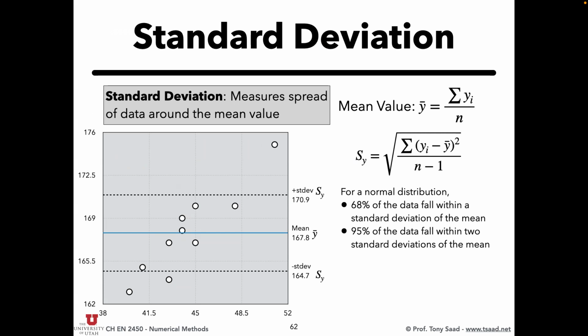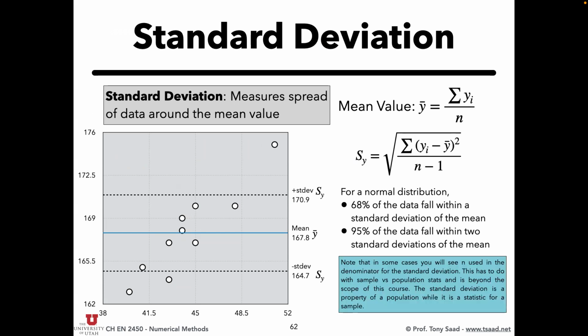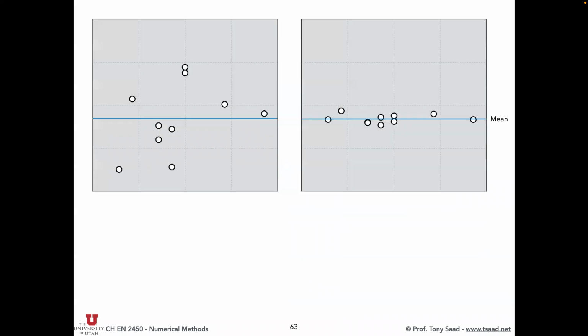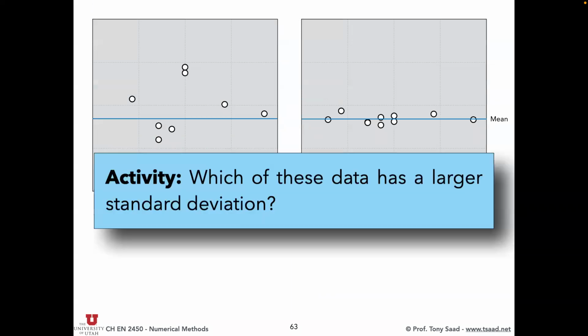Now, in some cases, you will see n used in the denominator here, and that is also true, but for a population, not a sample. Then we get into statistics and probability jargon. For a population, the standard deviation is a property of the population, not a statistic. That's why you divide by n, because you don't need the mean to compute that standard deviation. Anyway, let's do this activity and then we move on.